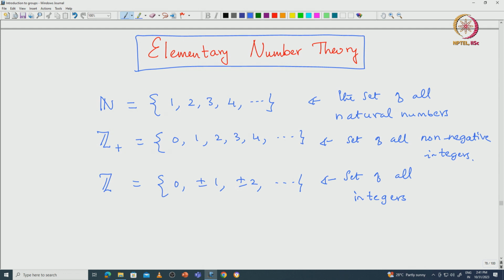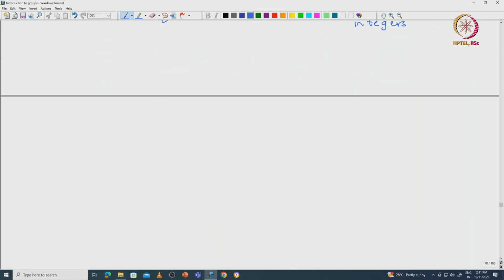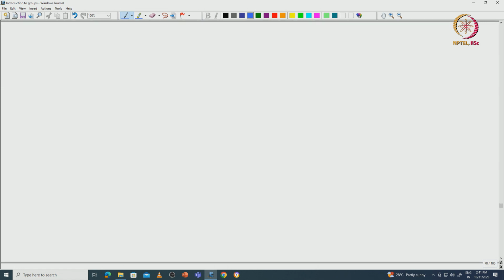Okay, so first we define divisibility. All of you must be knowing all this, but anyway it's good to recall. So given two integers a, b with b non-zero, we want to say that b divides a.